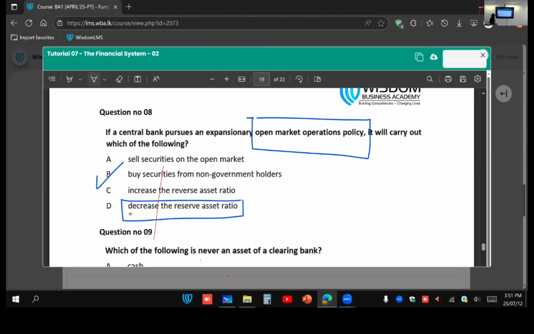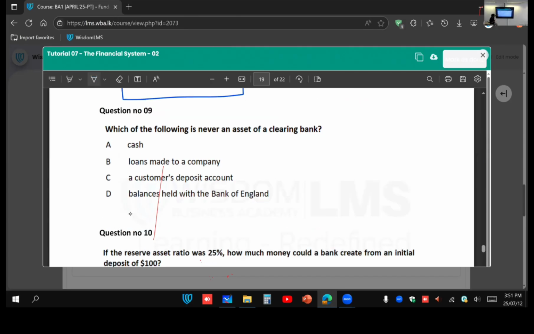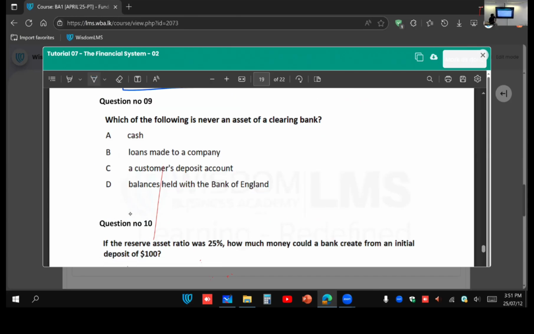Next question. Question number 9. Which of the following is never an asset of a clearing bank? Which one of the following is never an asset of a clearing bank? Good, tricky question. What is the answer? A, B, or C, or D?